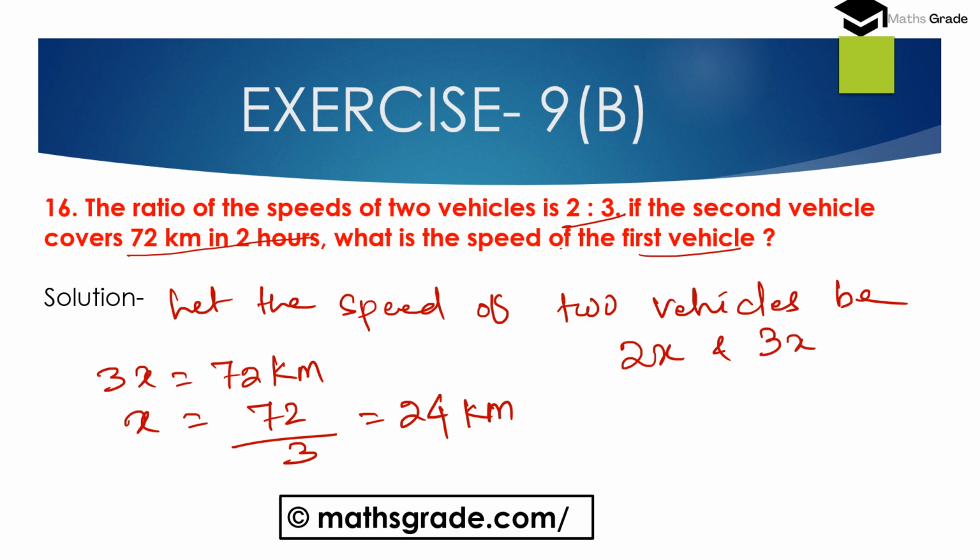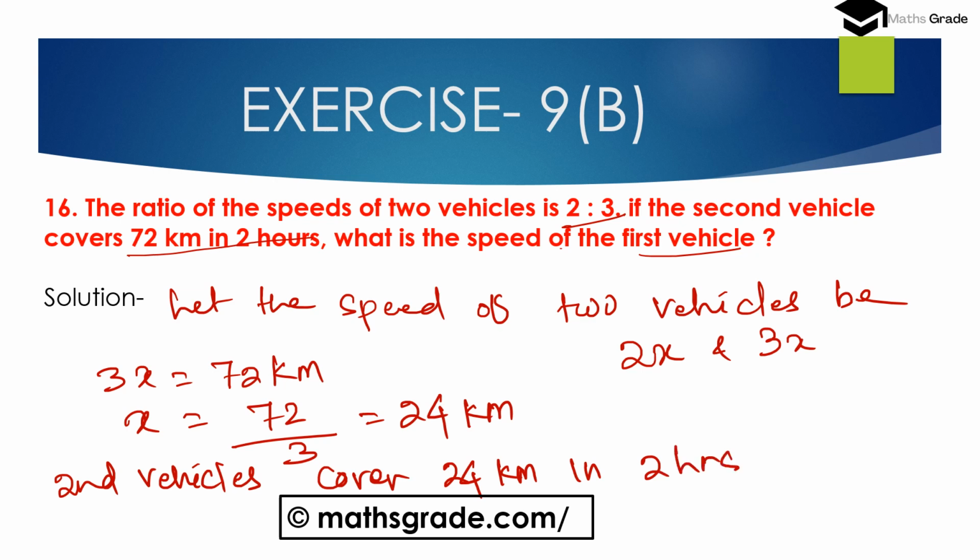So the second vehicle covers 24 km in 2 hours. In 1 hour it covers 24 divided by 2, which is equal to 12 km.